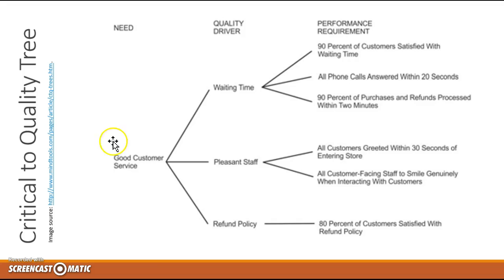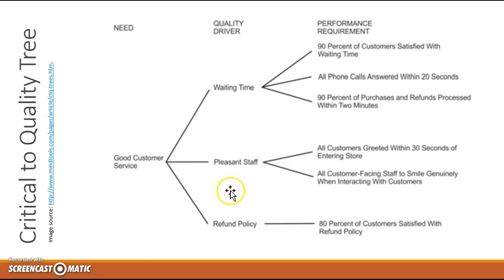In this case, the drivers of good customer service are how long somebody has to wait, or waiting time, that the staff are pleasant, and that there's a good refund policy, right? So customer waiting time, pleasant staff, and a refund policy translate for this set of customers into good customer service. That's what they mean when they're talking about good customer service.